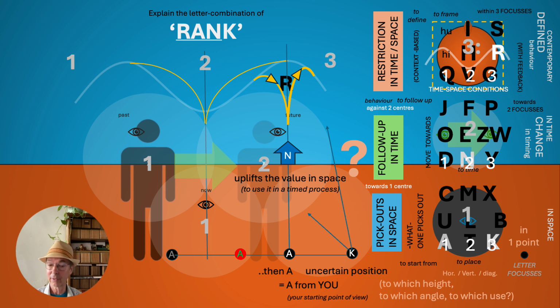So in a way, the ranking that I will do to uplift it into a temporal position as well in the contemporary idea that I use it for in the ranking. To which height shall I give it an angle? To which angle shall I focus myself on, and also to which use I shall have it into this end.